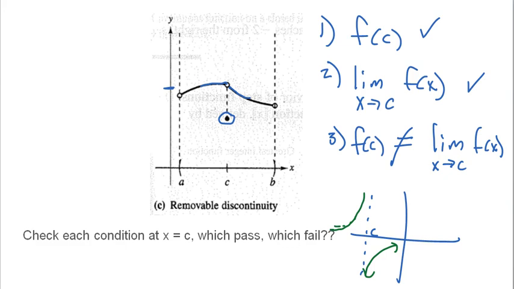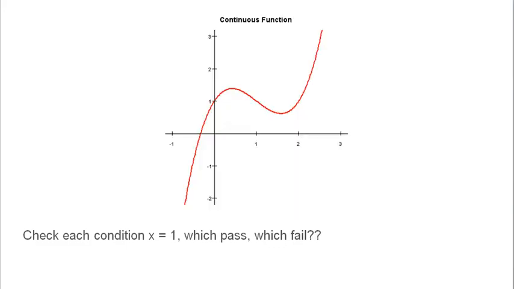So what does a graph look like that is continuous? Well, here it is, right? Look at this beautiful graph. I could draw this whole graph without ever lifting up my marker. This is a continuous graph. Let's just check that it is continuous at 1. All right, here I am right here at 1. So first, does the function exist at 1? Yes, it looks to be at a y value of 1.